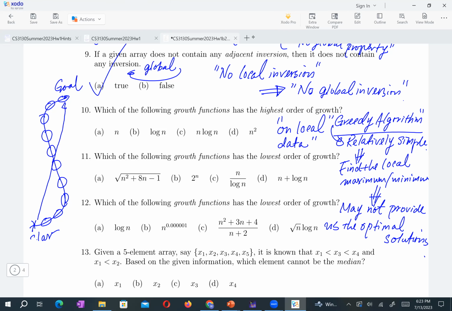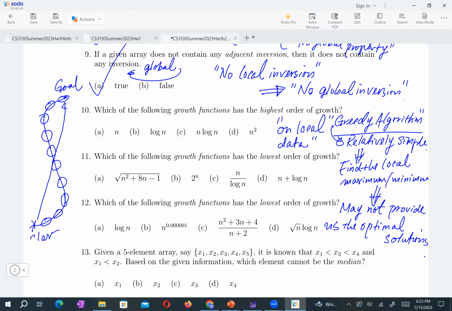So that's the greedy algorithm. This tells us when you apply your greedy algorithm, you need to be very careful. Your solution may not be optimal, so you have a chance to improve it. Now you may ask, why do people still use greedy algorithms a lot?